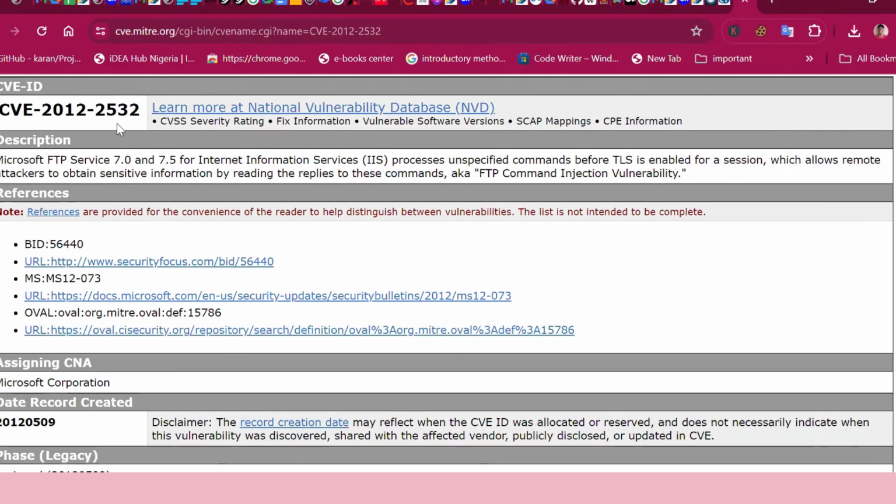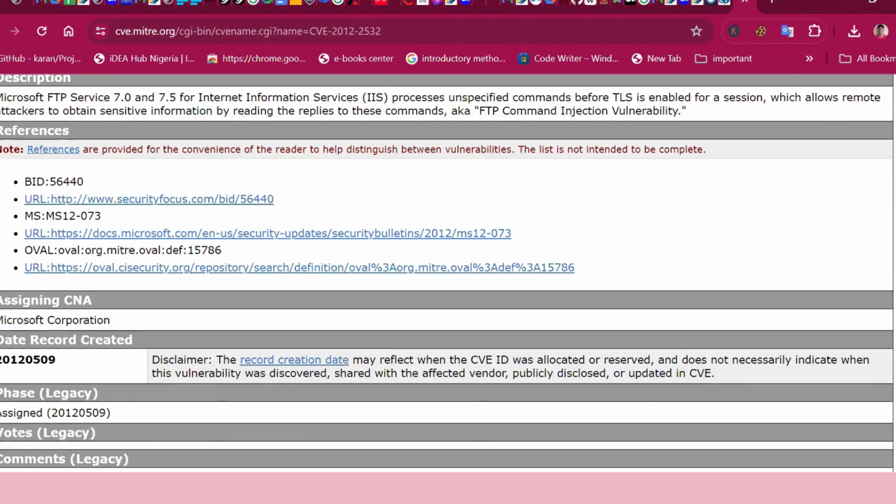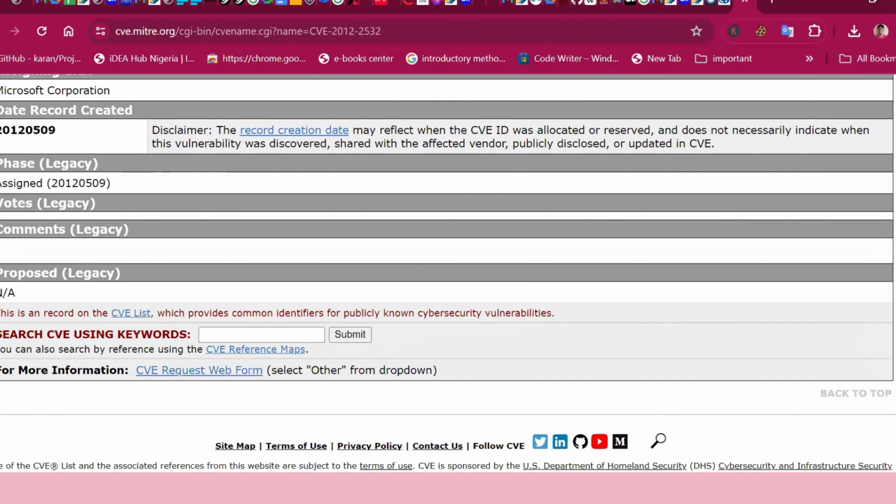Your job is to try to fix it, or that's what we as cybersecurity professionals try to do. We say, oh, we are vulnerable. We've checked and seen that our server is vulnerable to this CVE ID. Then we have to find a way to fix it, which is mostly by updating or patching it, or even disabling the service if not needed. So let's see what else we can find.